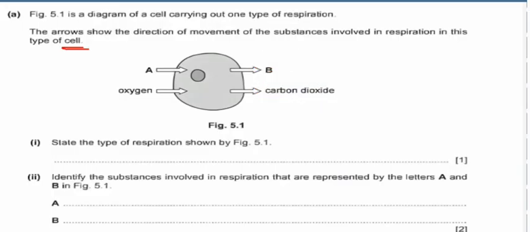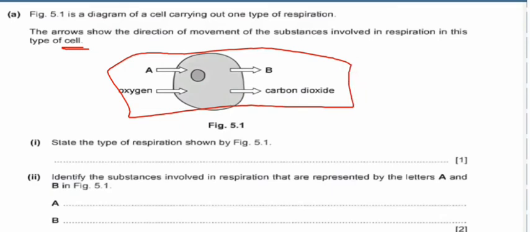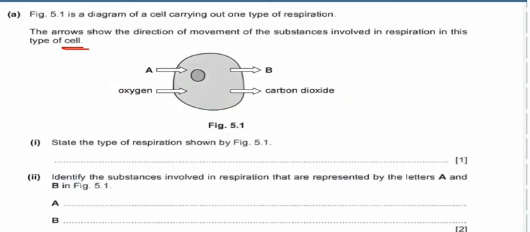Which means this type of respiration is called aerobic respiration. Now, when we talk of anaerobic respiration, when it occurs in cells, what is going to be produced? Lactic acid. Lactic acid and water.